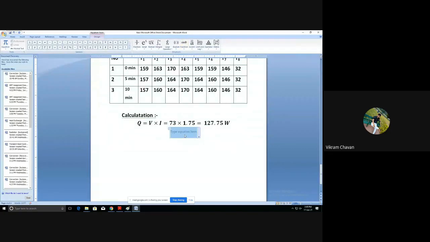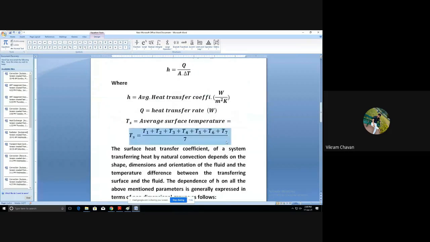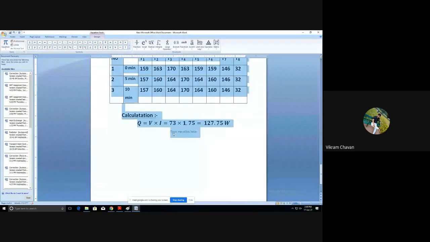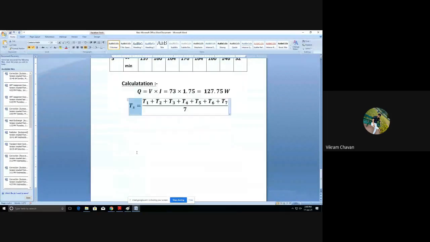I will take the formula directly. Ts is equal to T1 plus T2 plus T3 plus T4 plus T6 plus T7 divided by 7. The final reading should be selected for the calculation purpose. Remember that.